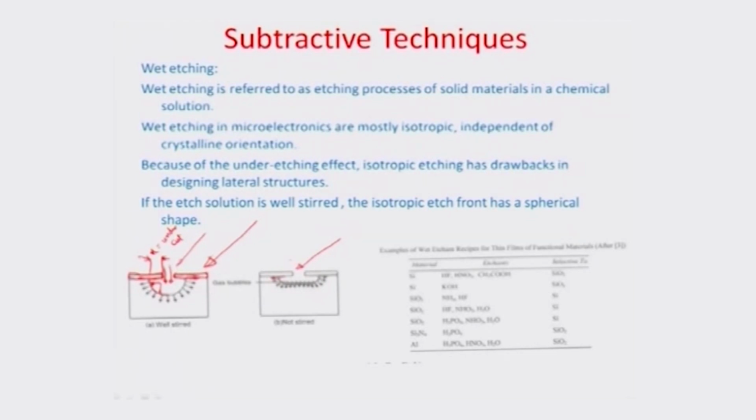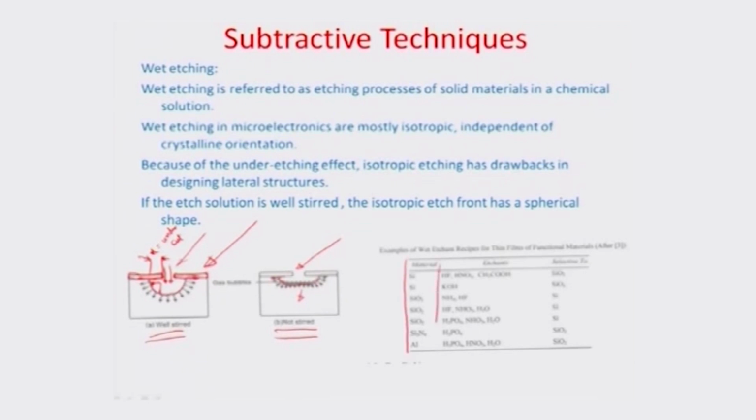Typically, if you had a very well stirred solution, where whatever is coming out is going away from this etch window, it would result in a homogeneous profile like this. If you do not have a very well stirred solution, it would rather result in this, because the amount of atoms which are coming out of this material would have a higher concentration here, and thus diffusional restrictions would prevent further etchant from moving away, and so the rate in the vertical direction would be reduced in comparison to the horizontal direction.